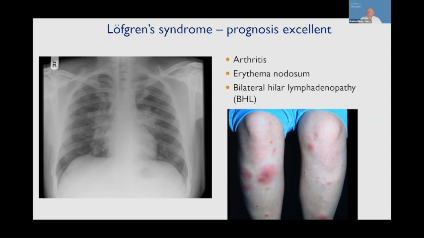Okay. So it's important to recognize that, because that is so typical of Löfgren syndrome, that combination of features, that patients probably don't need a biopsy to prove that that's sarcoidosis, and it can be monitored, and there's a 90% chance that it'll get better by itself with just some symptomatic treatment. Right, so really is a case that time and symptom development can be the only indicator here sometimes then.